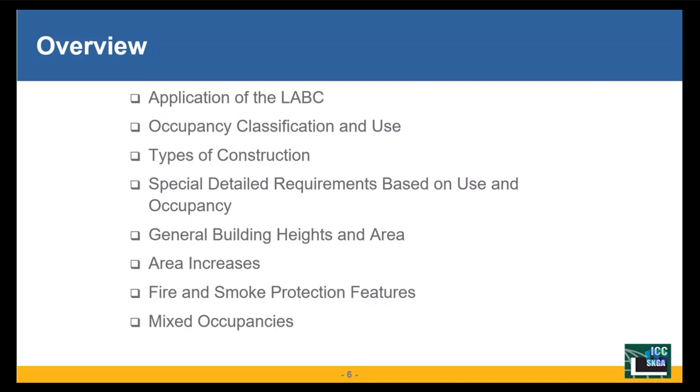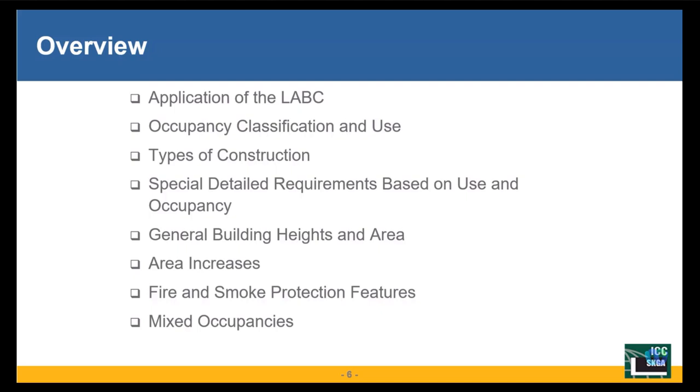And you'll see that even though several uses may fall into one classification, the code will talk about these special requirements. For example, if we have a special use, and we'll talk about that when we get to it, like motor vehicle related occupancies, for example.